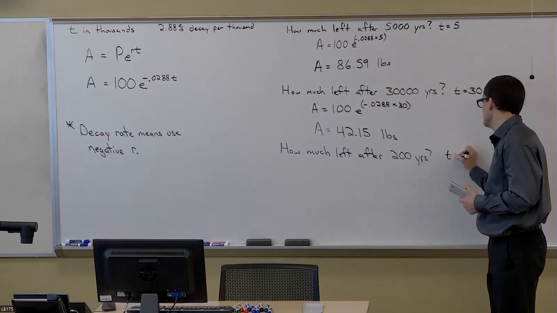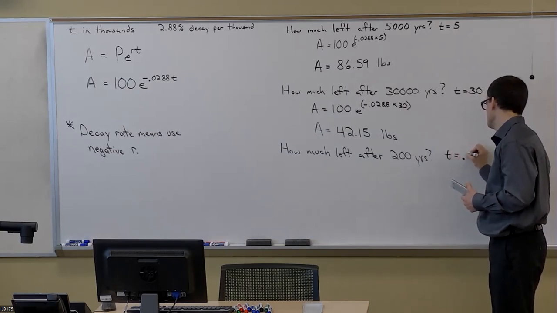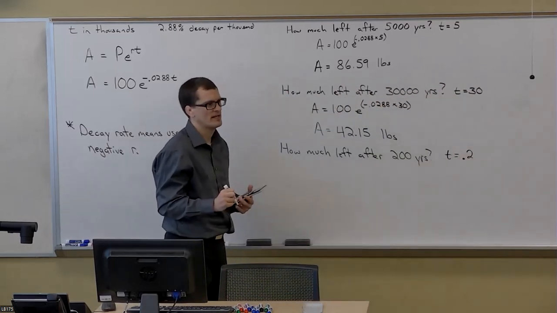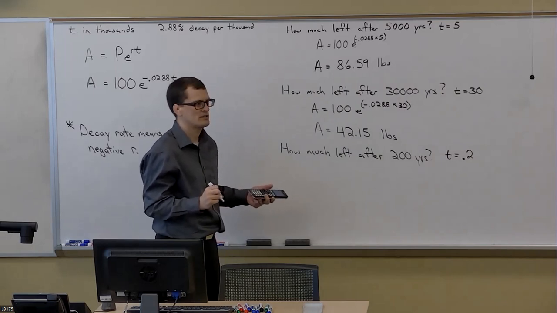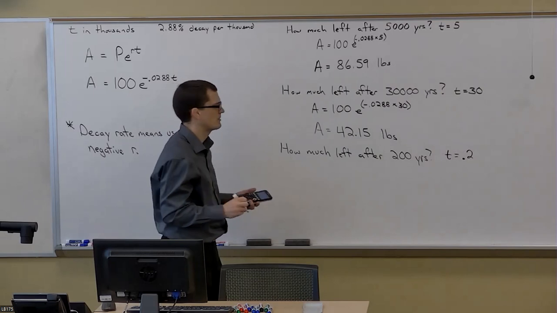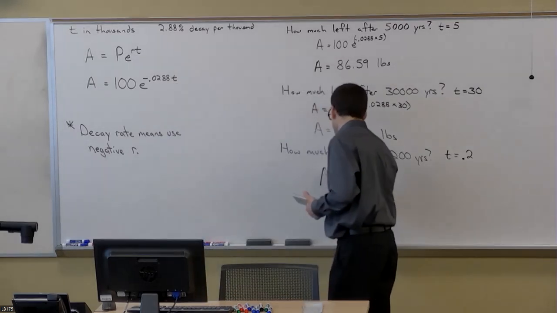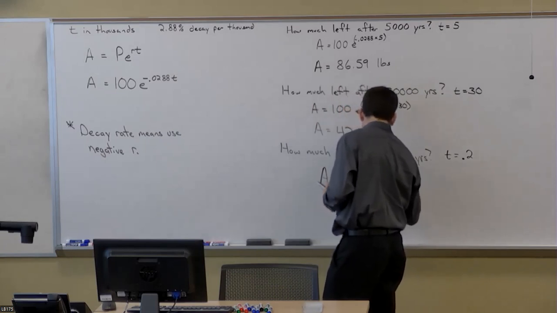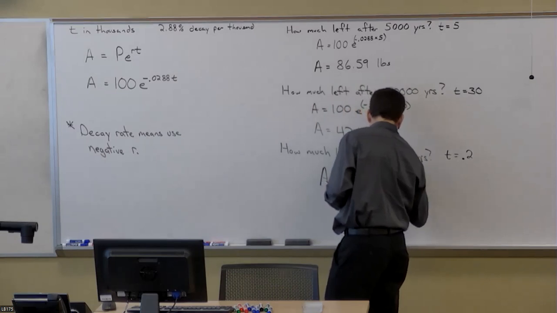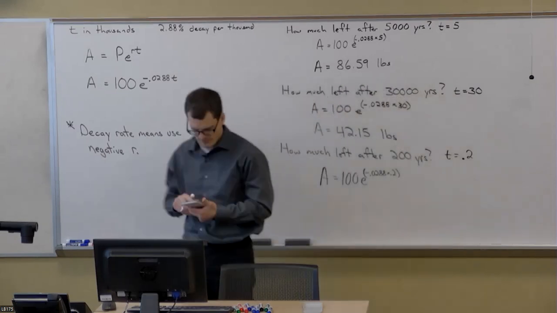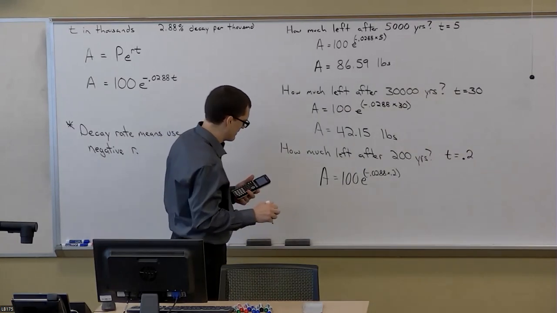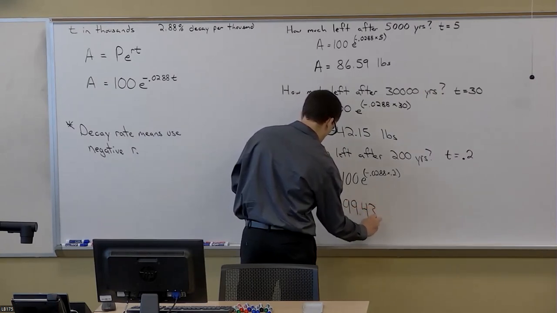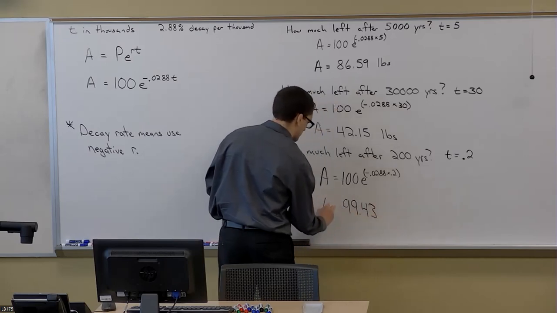When we talk about 200 years, that's 0.2, right? That's not yet a full 1,000 years. So it's 0.2, and then you plug that in. And I got about 99.43. Again, that'd be pounds.